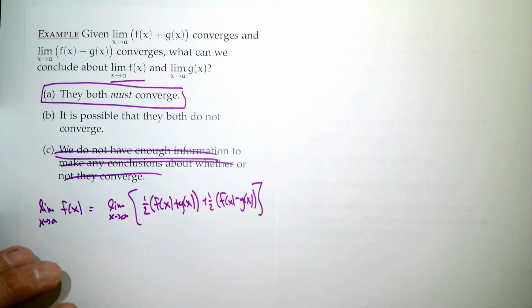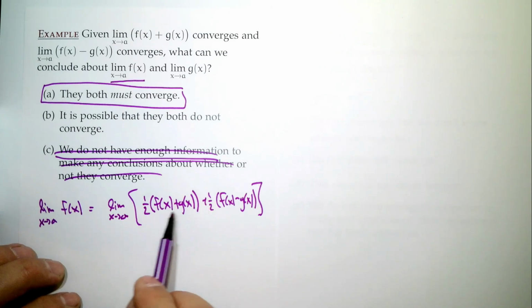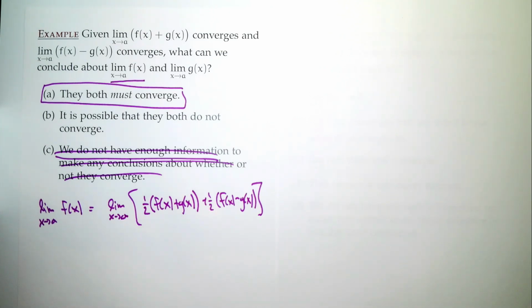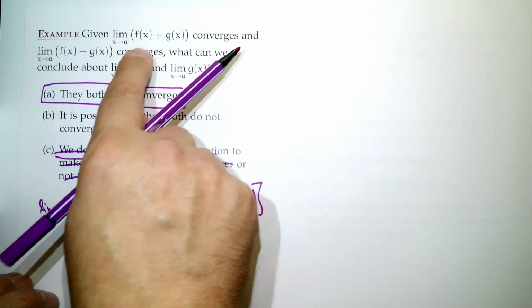But now what's true? You see, limits can break up nicely over addition, and constants pull out as long as the parts that you want to take the limits of both exist. We know the limits exist because that was our assumption.